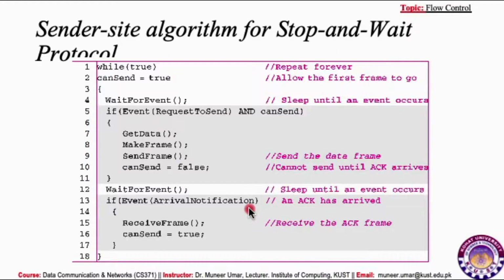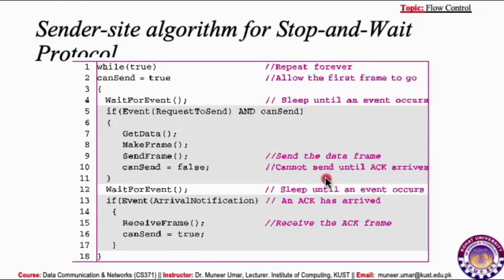In other words, after a frame is sent, the algorithm must ignore another network layer request until that frame is acknowledged. Means that either this one will be executed or this one will be executed. Or in simple words, if data is sent, then that data must be acknowledged by the receiver.